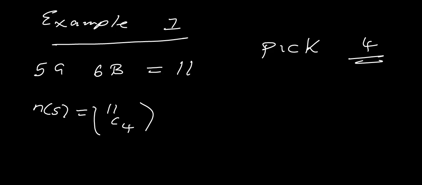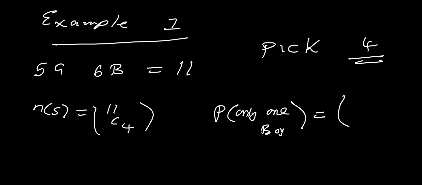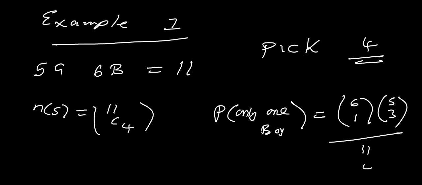So the probability of picking only one boy is equal to: from the 6 boys we pick one boy, then we multiply by, from the 5 girls we pick 3 to make a total of 4. Then the total sample space is just going to be 11 choose 4.